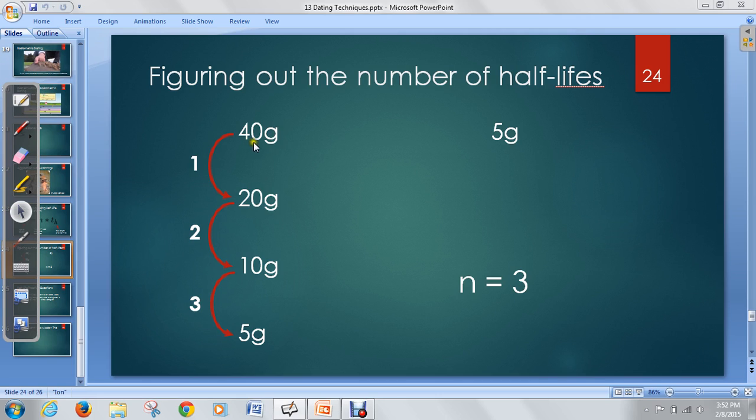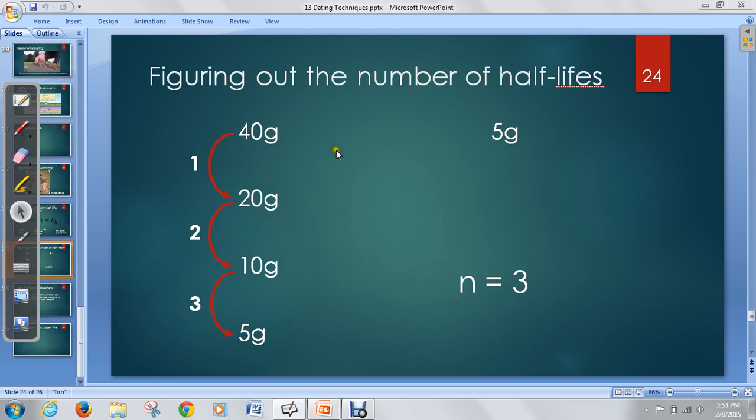Okay, so if 40 grams is my starting amount, then after 1 half-life, 20 grams will be available. After 2 half-lives, 10 grams will be available or radioactive. And then after 3 half-lives, 5 grams will be radioactive. So I just keep dividing by 2, divide by 2, divide by 2. This means that 5 grams matches 5 grams. That means 3 half-lives have occurred.